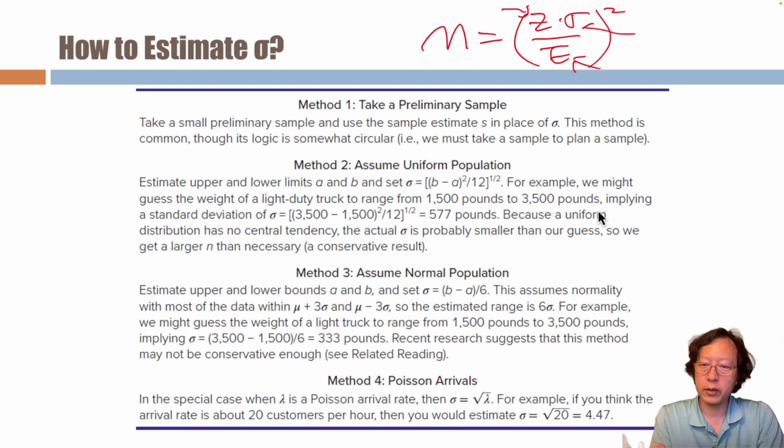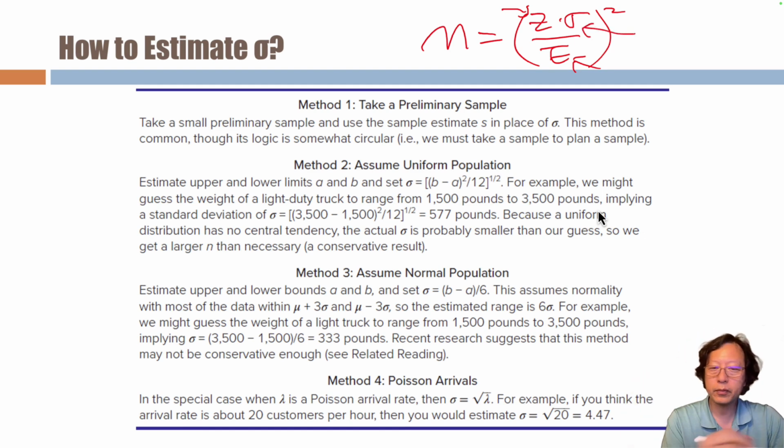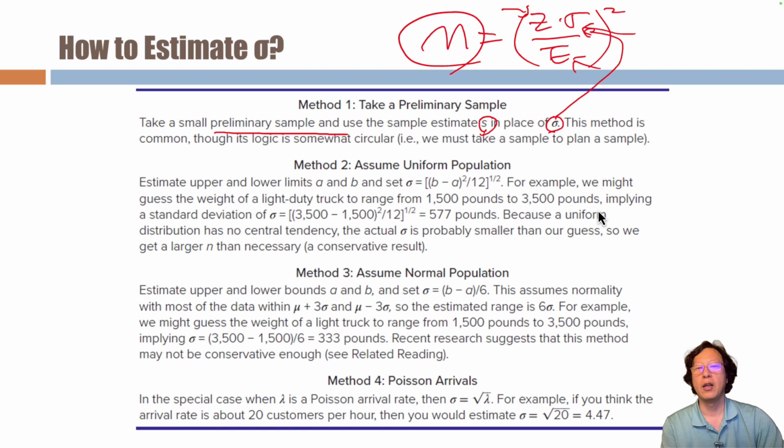Now how can I find sigma when we are deciding n? So method 1 is you can just take a preliminary sample. You collect a small sample and then estimate sigma with S, and then you can plug it in here and find the sample size for the real sample.